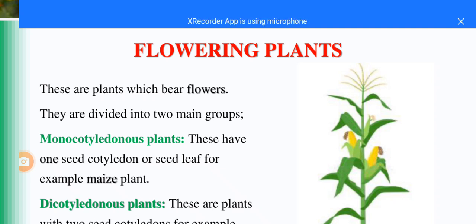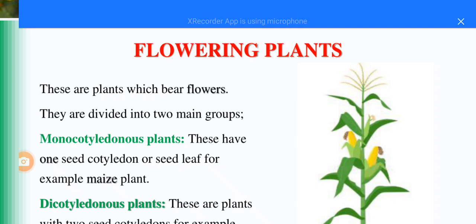Now the reproductive organs of the plant are called the flowers. Now the main importance or the main purpose of these flowers is to produce fruits or seeds. These reproductive organs are also directly involved in the process of reproduction or fertilization in a plant.